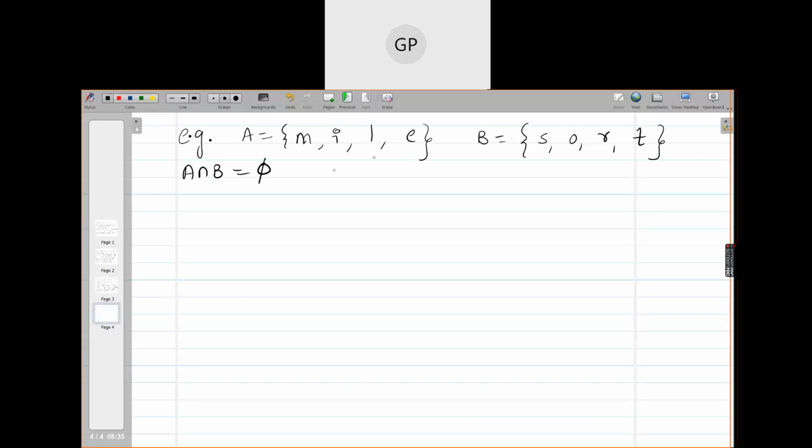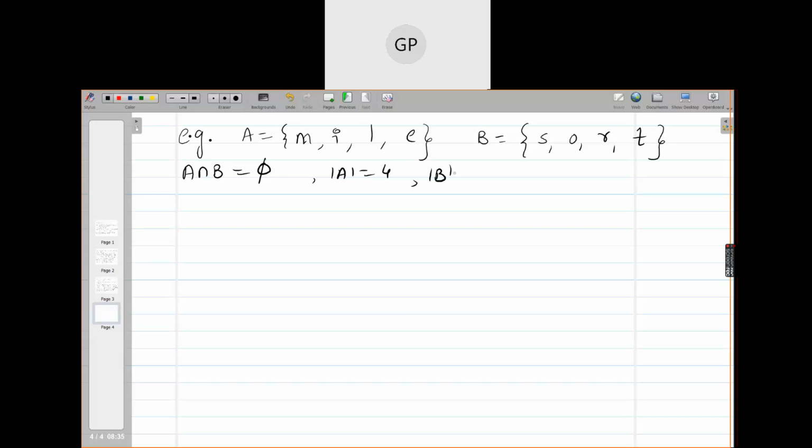Okay. See, for example, if I take set A as MILE and set B as SORT. So what do you find here? A intersection B is empty, right? Cardinality of A is 4.